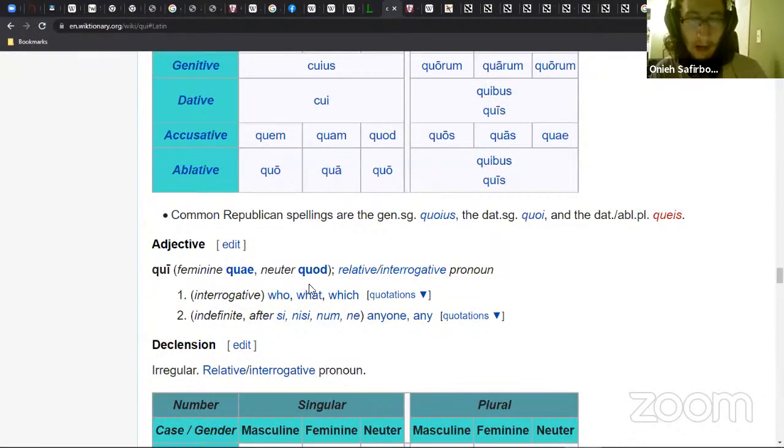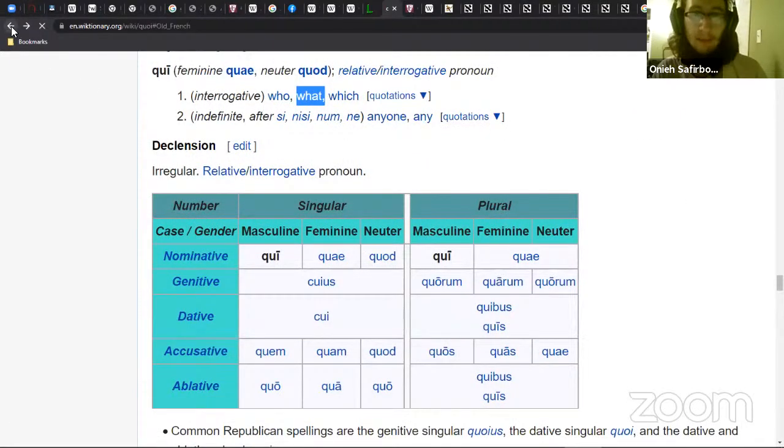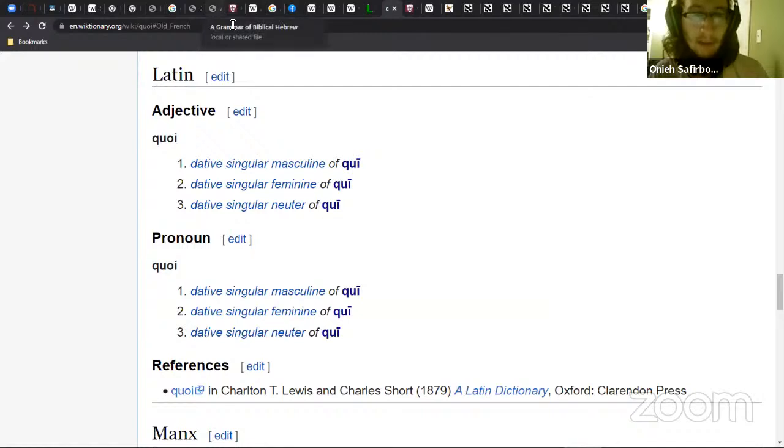Here it is. For what? See? For what? So French has the same concept. Interesting.